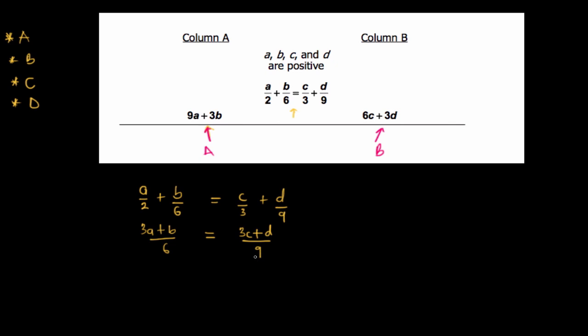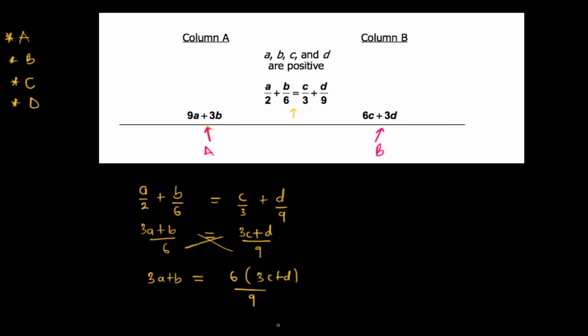What you do next is cross multiply. This gives you 3A plus B equals 6 multiplied by 3C plus D, divided by 9. You observe we still have a 9 here.